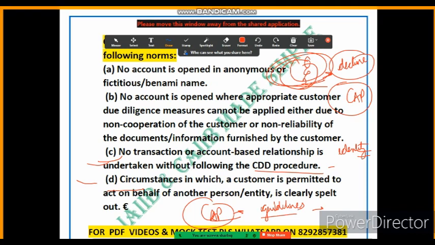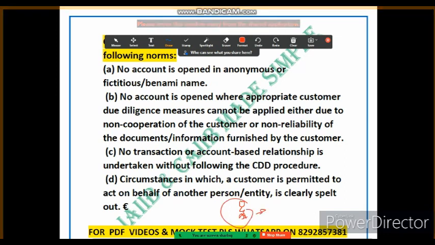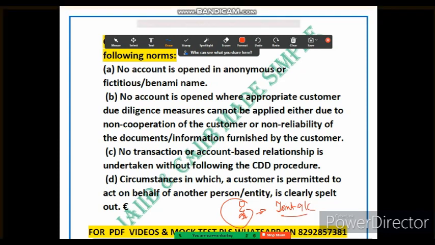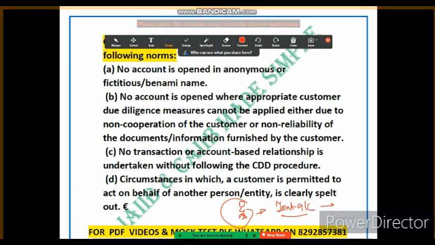Let's suppose there is a customer who wants to open a joint account, where he has the authority to make financial decisions on behalf of another individual, such as an elderly parent.